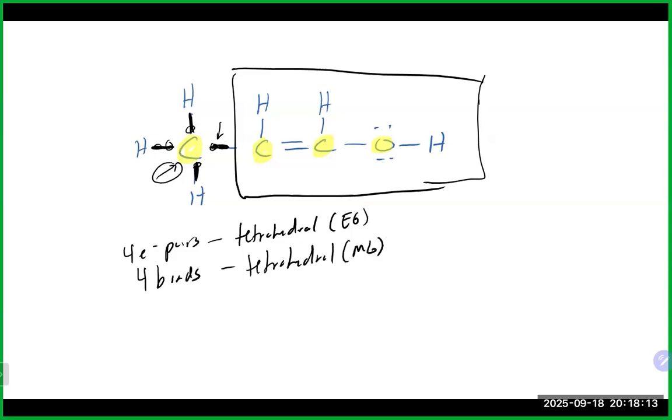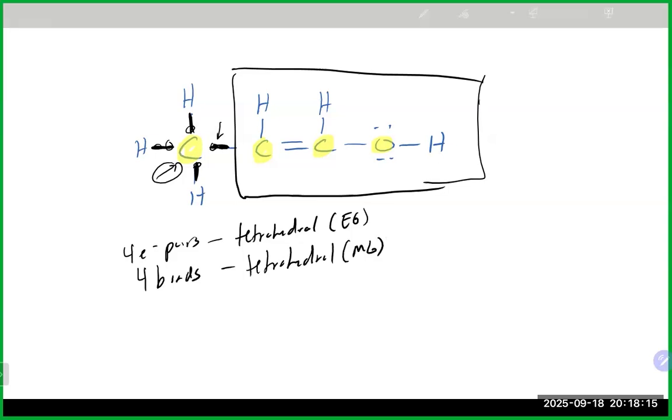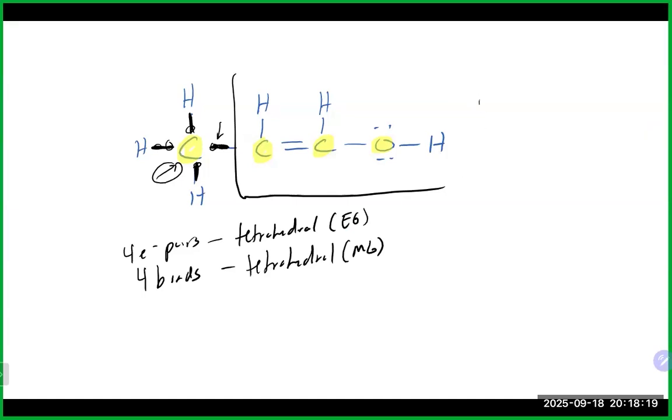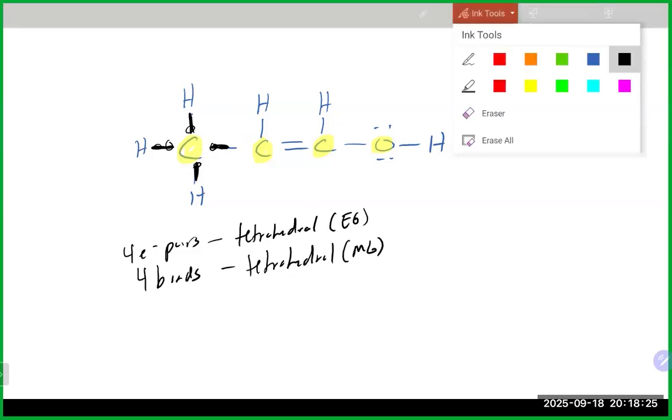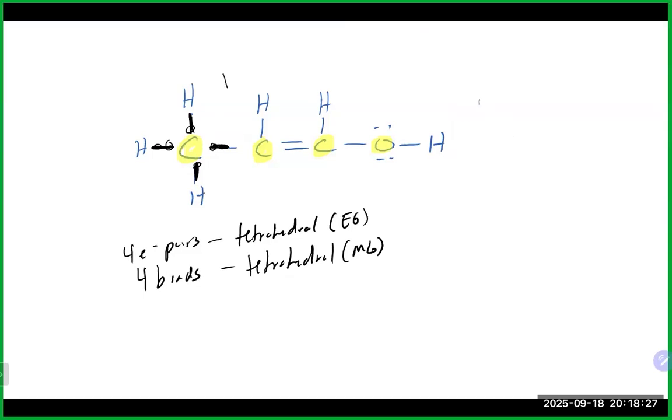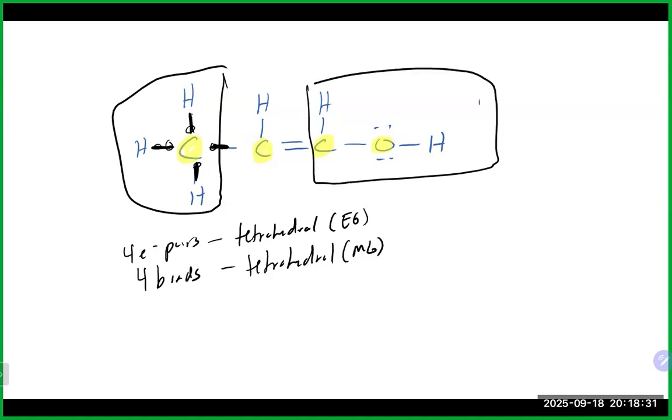Now, once you do that guy's geometry, what you essentially will do is move your hand over. If we look at the carbon next to it, we're just going to put our hand over that part of the molecule, and we'll look at this.